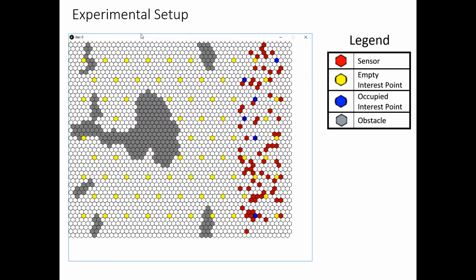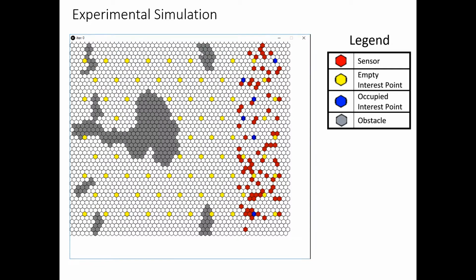As you can see here, the sensors are in red, yellow is an empty interest point, the blue one is an occupied interest point, and the gray one is an obstacle. Here's a simulation.